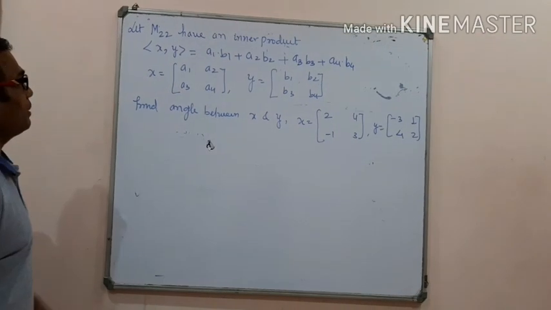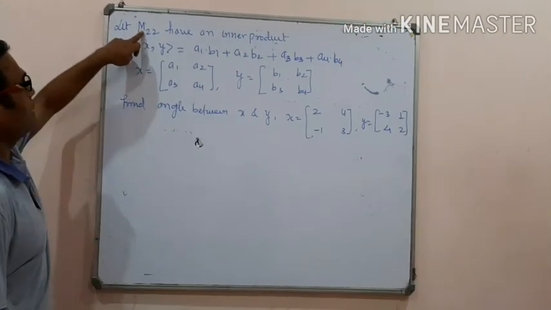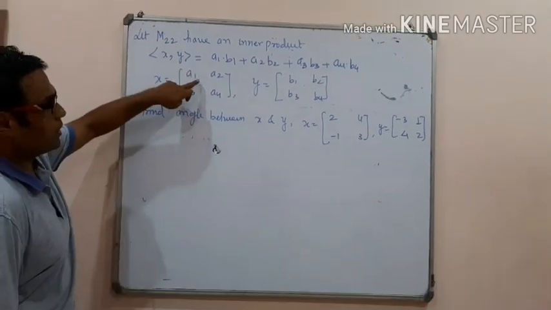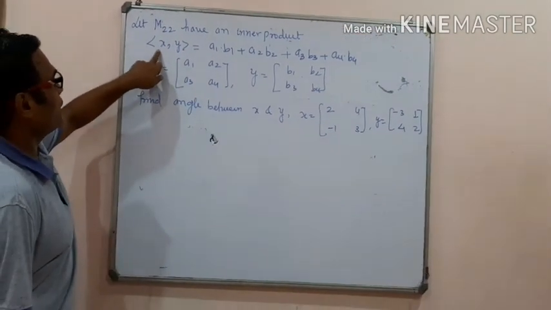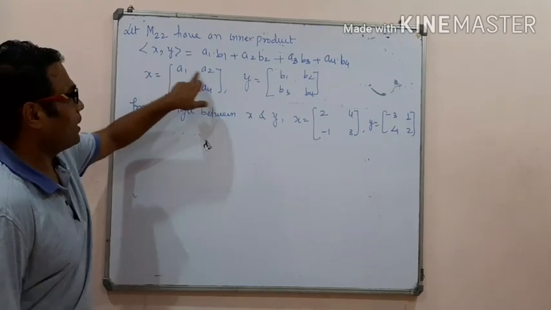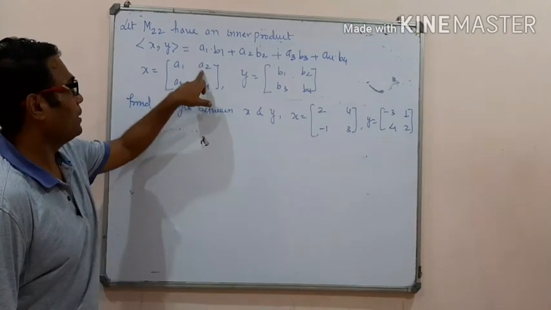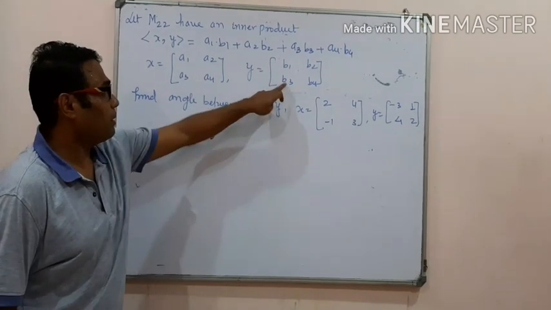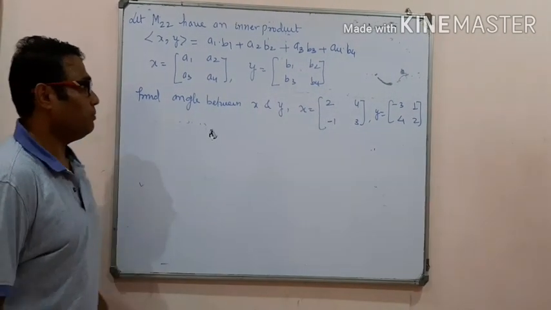So in this example we consider the matrix of order 2 cross 2 whose elements are real numbers. The inner product defined in this case is multiplication of this element with this element plus this element with this element plus a3 multiplied by b3, a4 multiplied by b4.